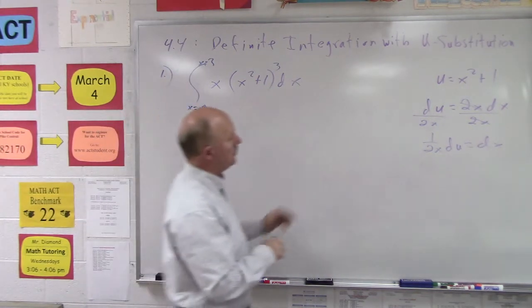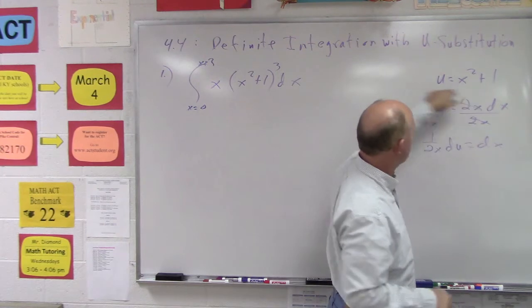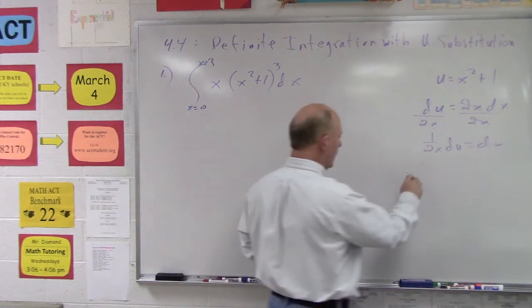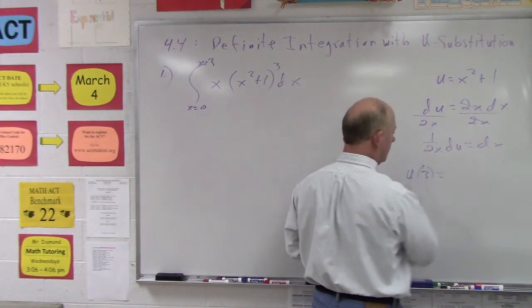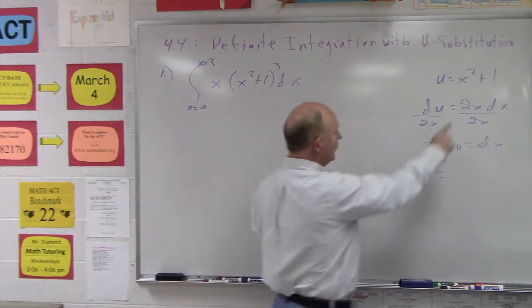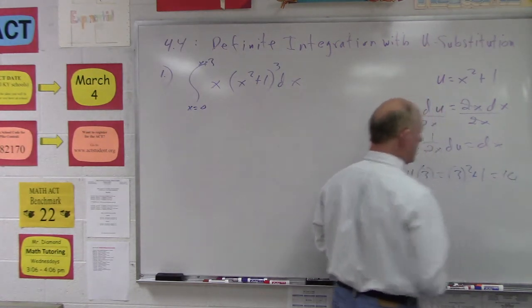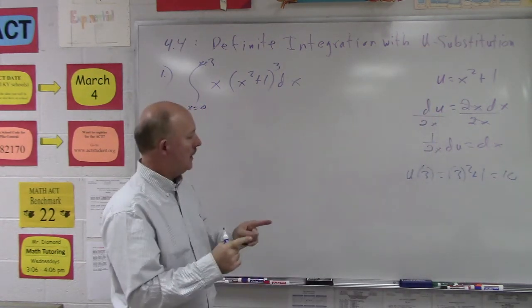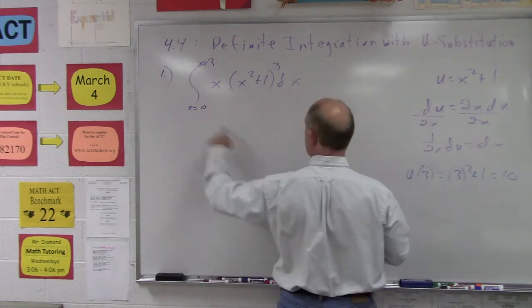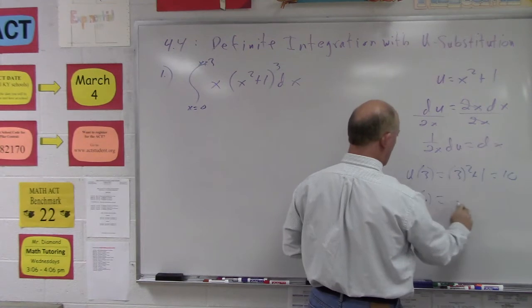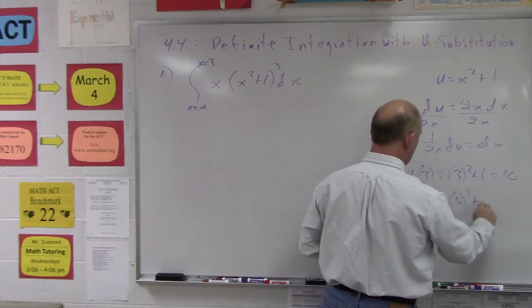To do that, we're going to use the original substitution statement, u equals x squared plus 1. So u of 3 is equal to, substituting 3 in for x, 3 squared plus 1, which is 10. So that's going to be the new upper bound. Let's substitute 0 in for x also. So u of 0 would be 0 squared plus 1, which is 1.